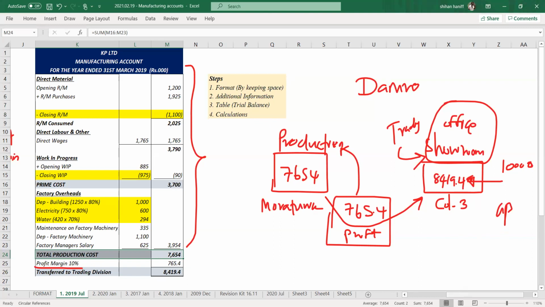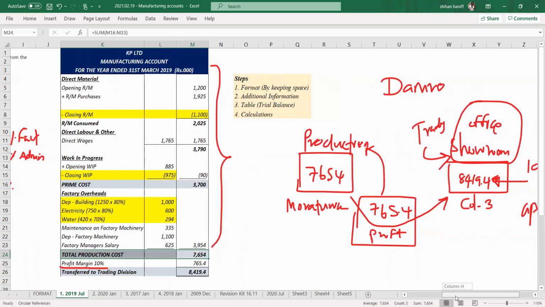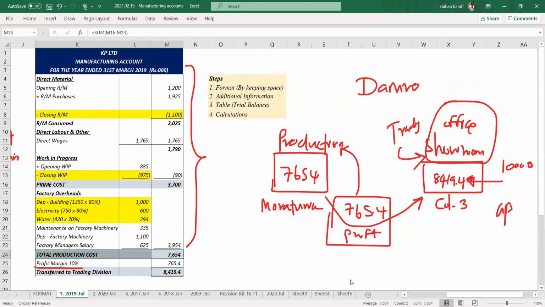Any other questions? Is it clear? This is the format. All the questions will have the same format. Any other questions related to this?